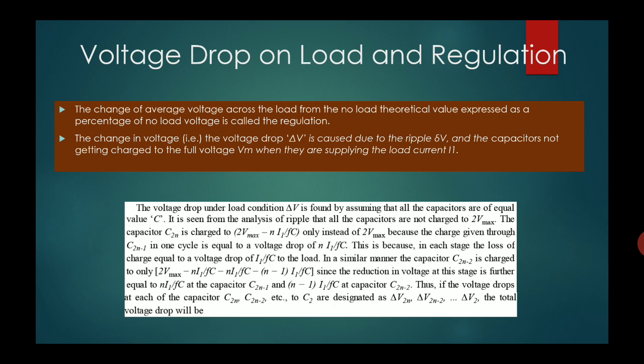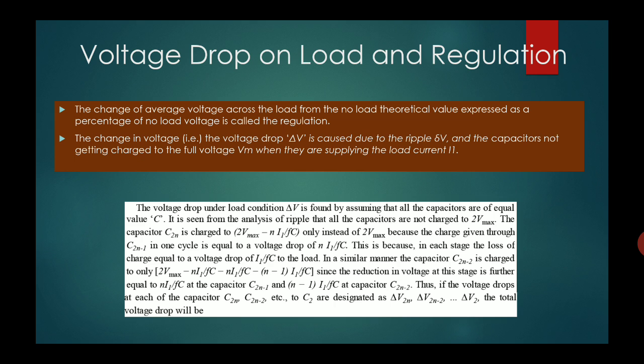Okay. The change in voltage, that is the voltage drop delta V, is caused due to the ripple, small delta V, and the capacitors not getting charged to the full voltage Vm when they are supplying the load I1. So this voltage drop is actually due to the ripple voltage as well as the voltage drop in the capacitor.